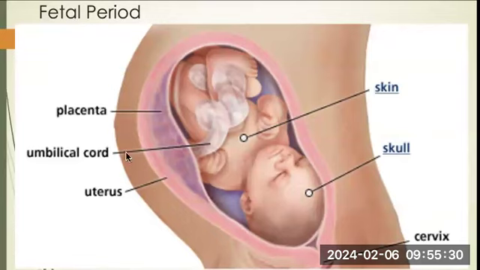So there's the placenta. What connects the placenta to the baby is the umbilical cord, right? All of this is happening in a woman's uterus. And the baby has skin. I'll show you a picture of what the skin looks like in the baby. Ideally the skull and everything is downwards. This makes birth much easier, but sometimes babies are feet first.